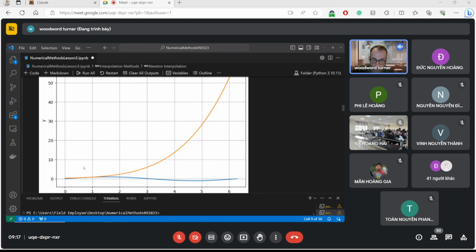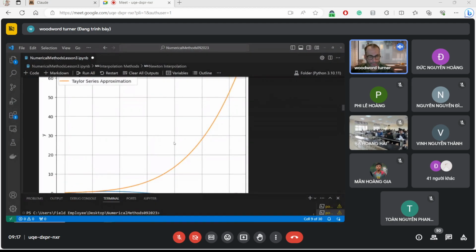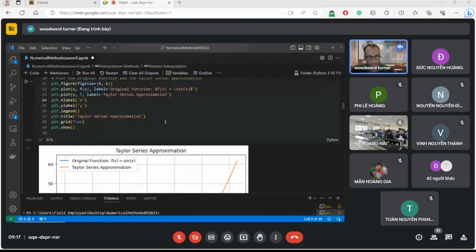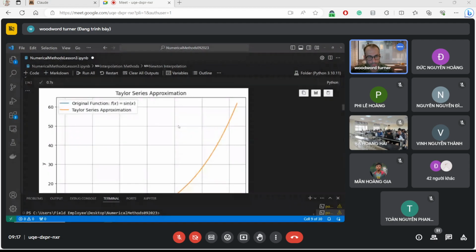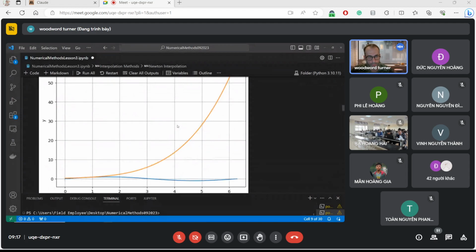So it's doing really well here, but then outside of that, it's not great. So that illustrates something that you know about, and you should think about more deeply, that there is a radius around the point A that we can look at where the approximation will be better, and then outside of that radius, the approximation maybe is not so good.